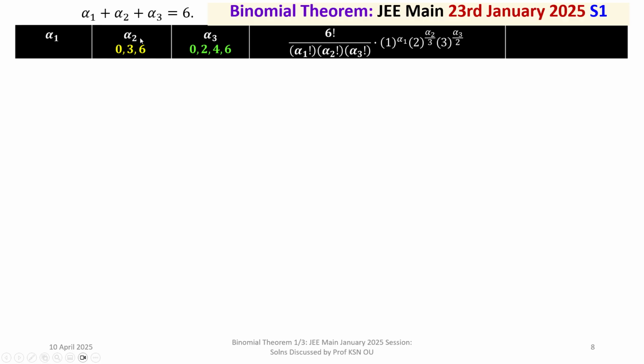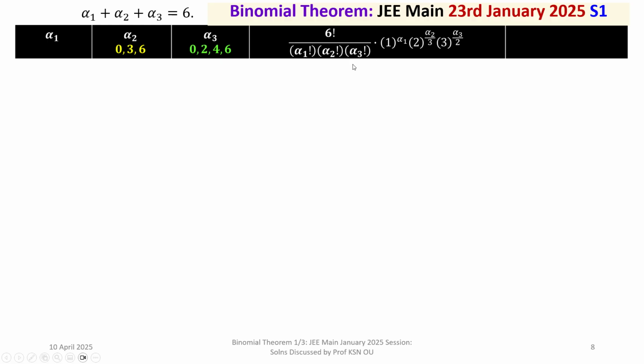It should be a multiple of 3. 3 must divide alpha 2. So, what are the choices for alpha 2? 0, 3, 6. Then only 3 divides them. And alpha 3, what are the choices? 2 must divide alpha 3. So, the choices are 0, 2, 4, 6, in such a fashion that alpha 1 plus alpha 2 plus alpha 3 is equal to 6.